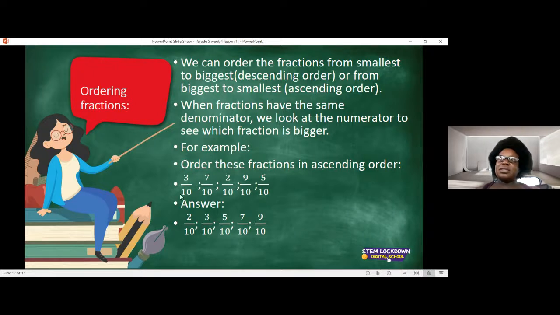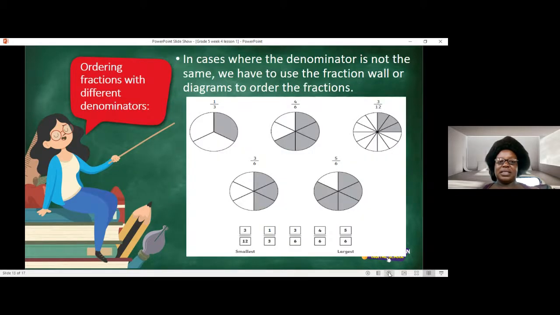They have the same denominator. So in ascending order, the smallest one is 2 tenths, followed by 3 tenths, followed by 5 tenths, followed by 7 tenths, and then the last one is 9 tenths. The same way that you order numbers, that's the same way that we order fractions. So I hope you understand this one also. Okay, it's easier. Most learners always get it right here.